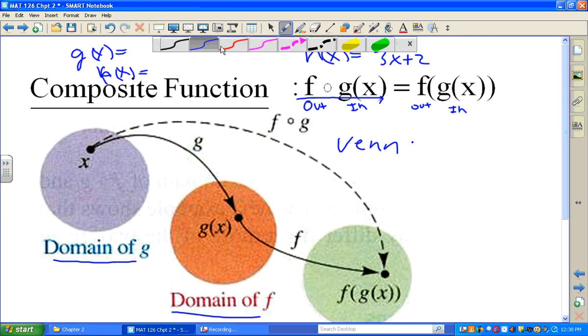So, if I do it the other way around, the outside function f of x would be x plus 2, and the inside function would be 3x. So I'm going to take this, if I'm using my rule f of g of x, and put it in for that function, and you get 3x plus 2. You're taking one function, putting in for all the variables of the other function, just like you do with numbers. Okay? Just like you do with numbers. It's the same thing.